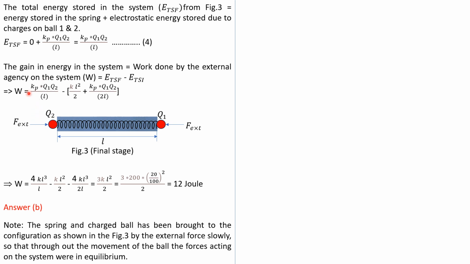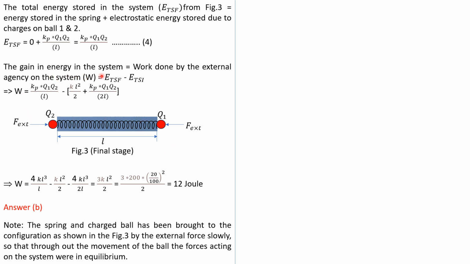So bringing to this configuration will be equal to the work done by the external agency on the system, and that will be equal to the gain in energy in the system, like the energy at the final position minus the energy at the intermediary position, that is 2L length.